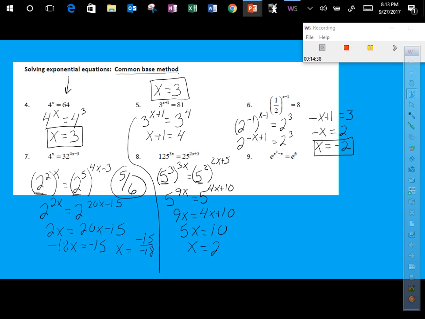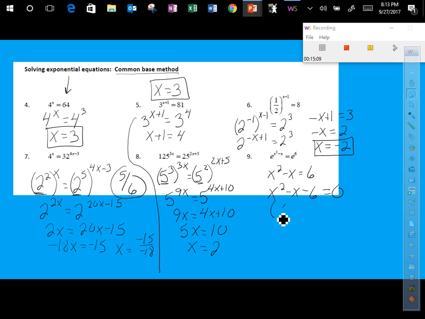If I peek on over at number 9, I don't care what the base is. We'll talk about e later on in this video. But my base is already the same, so I need to set x squared minus x equal to 6. Well, since that's a quadratic, let's set that thing equal to 0. x squared minus x minus 6 equals 0.